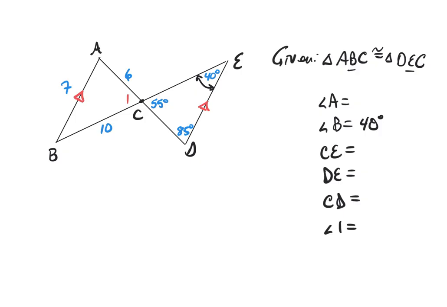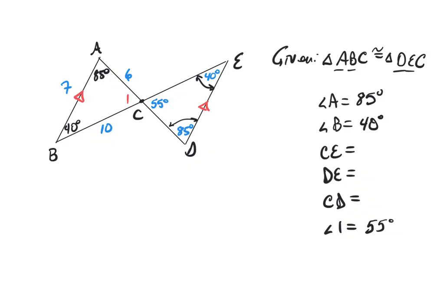D, as an example, is 85 degrees, and since D is listed first, that therefore has to be equal to A, and so therefore A has to be 85 degrees. Right, and I forgot to attach that one, so I will there. Angle 1 you could get to in a couple of different ways. You could use the idea of corresponding, or you could just use vertical angles, but angle 1 is going to be 55 degrees.